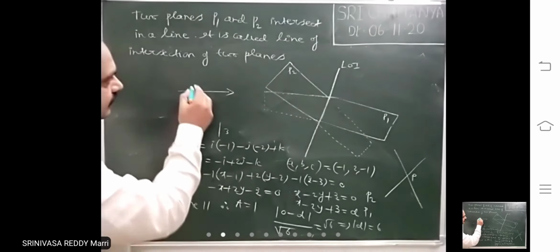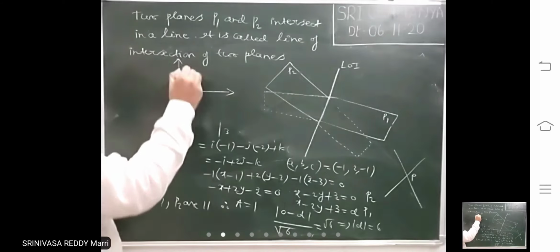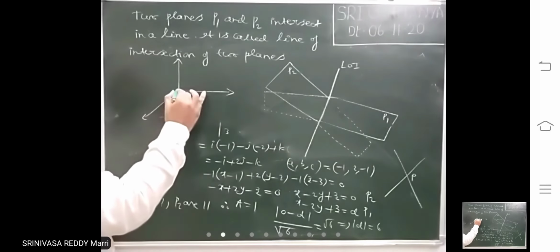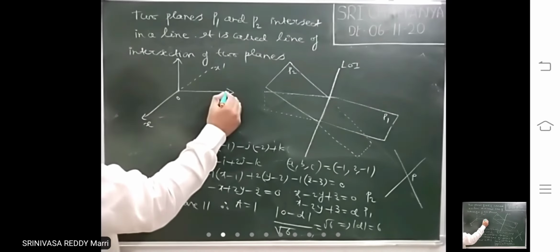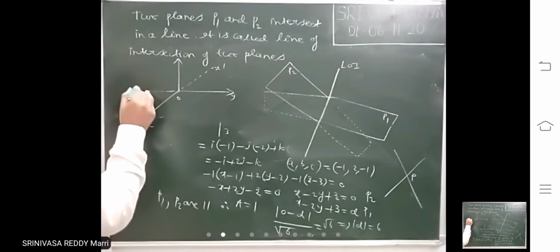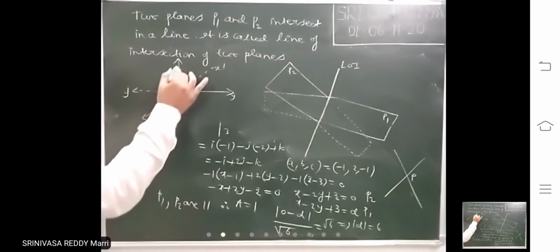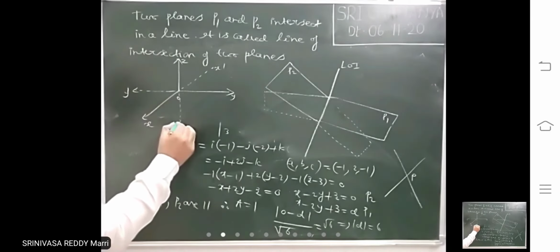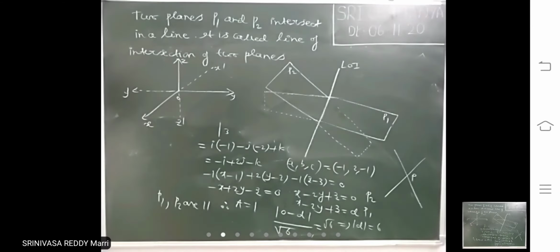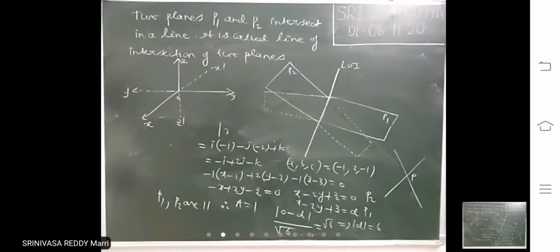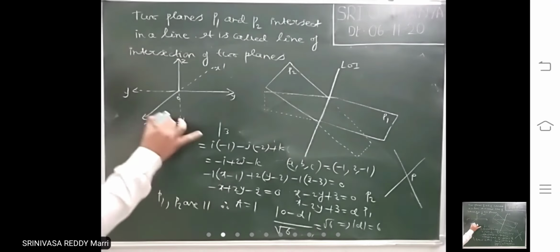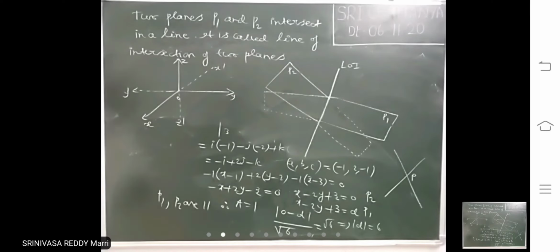Suppose the xy plane, yz plane and zx plane are there. The xy plane is generated by xox' and yoy'. Similarly, the yz plane is generated by yoy' and zoz'.